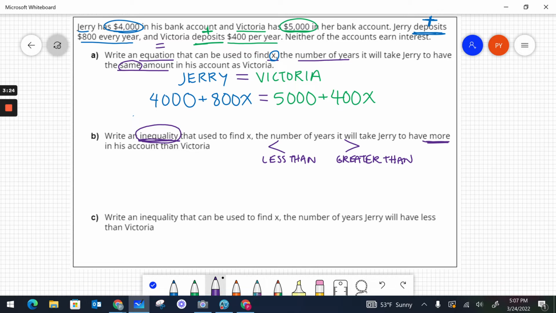And for this problem, it's asking for Jerry to have more than Victoria. So in words, we want Jerry to have more than, which is greater than, Victoria's amount.